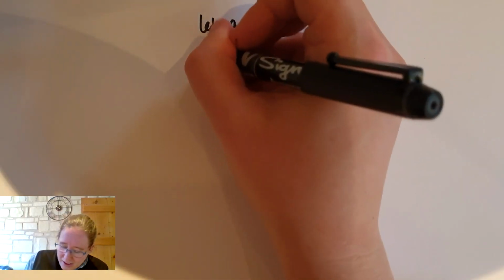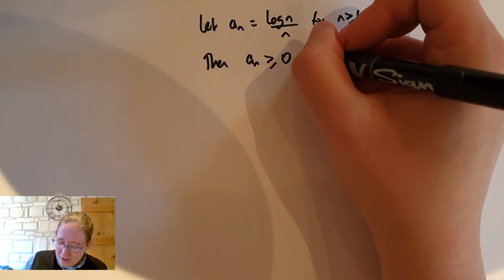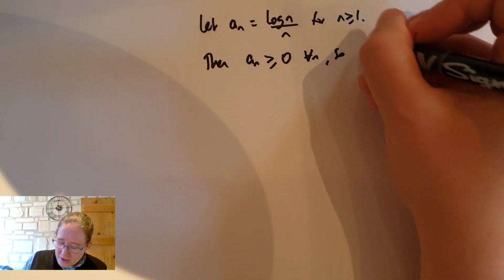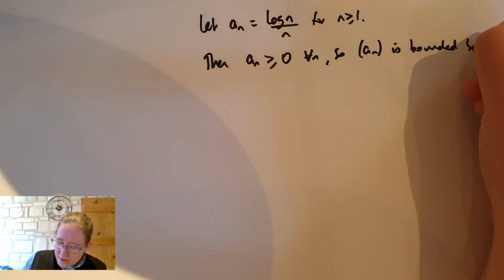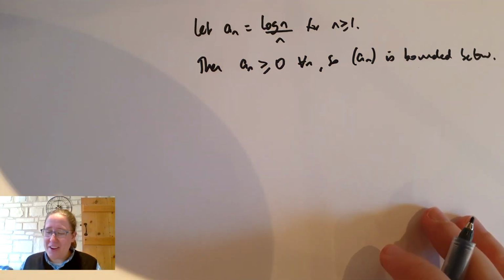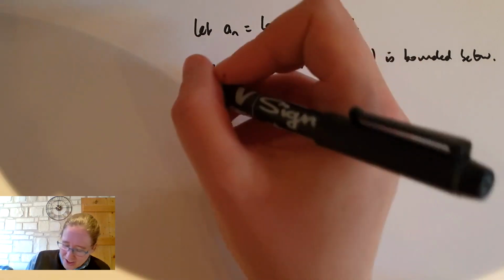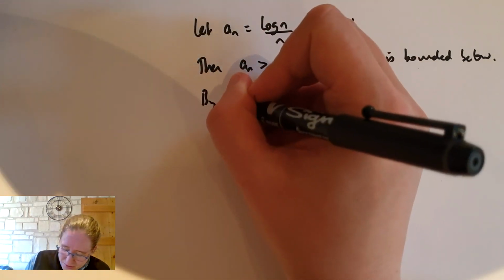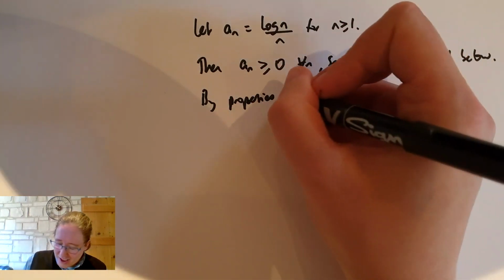And then certainly this is bounded below because it's non-negative. So the sequence a_n is bounded below. And I claim that it's also decreasing by properties of log, at least a tail of it. Basically we do some calculus here to argue that this is decreasing.